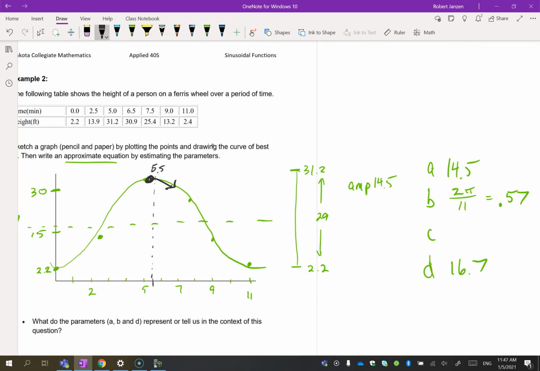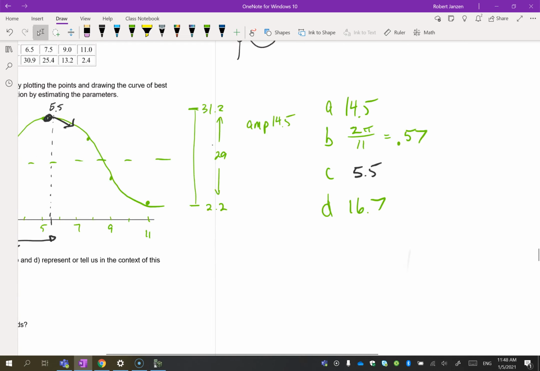Okay? That's your cosine graph. Remember the cosine graph is this one? We're not as familiar with that one, but the highest point starts at 0. Okay, so if we now say the highest point has moved over 5.5, I'm going to say that.